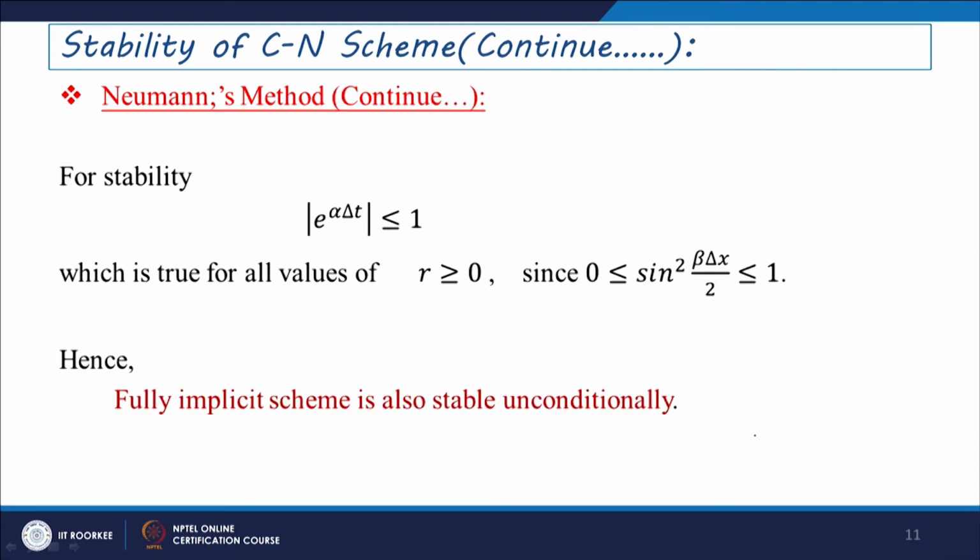And this is less than 1, which is true for all values of r greater than or equal to 0, since if you consider this condition, 1 minus 2r square sin square beta delta x by 2 lies between 0 and 1. Hence in the fully implicit scheme, we can say that it is unconditionally stable here.